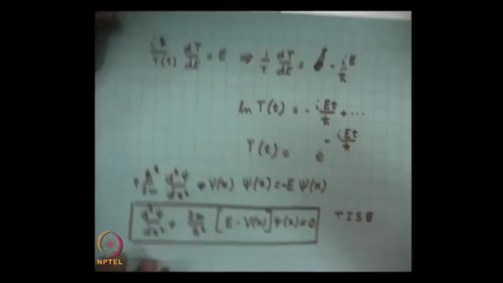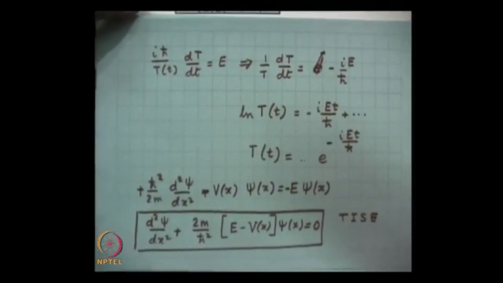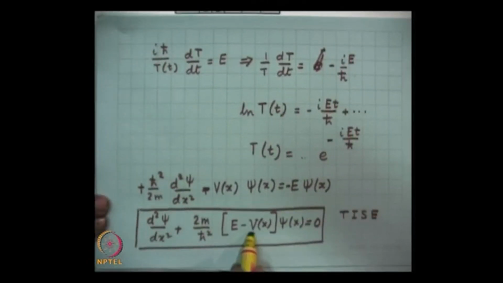So, therefore, the total solution. We must solve this equation for a given form of V of x, and for the next 2-3 lectures we will assume different forms of V of x and solve this time independent Schrodinger equation, and the time dependent part will be given by this.